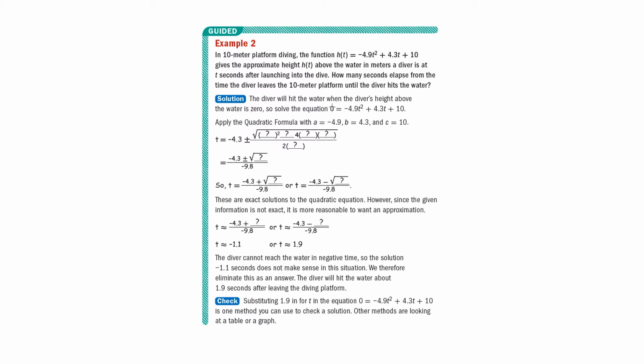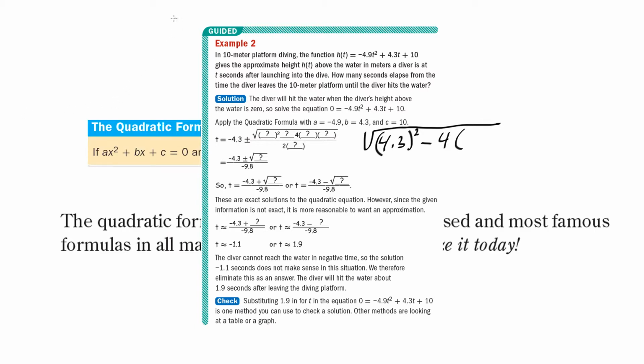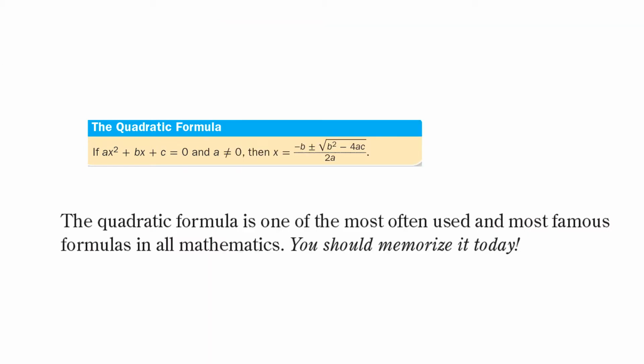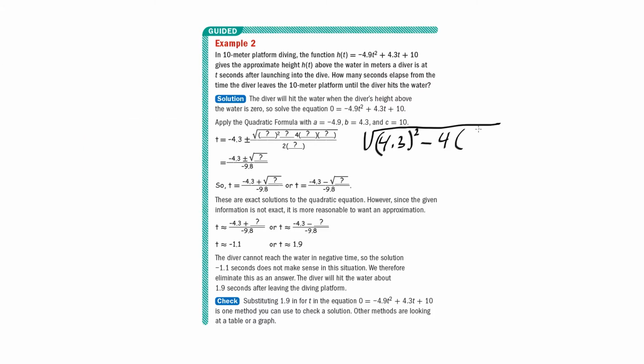So if 0 equals a negative 4.9 t squared plus 4.3 t plus 10, we apply the quadratic formula, and this is a negative 4.3, the opposite of the b value, plus or minus, this is going to be 4.3 squared minus 4 times, what is it? 4 times a times c. a is a negative 4.9.